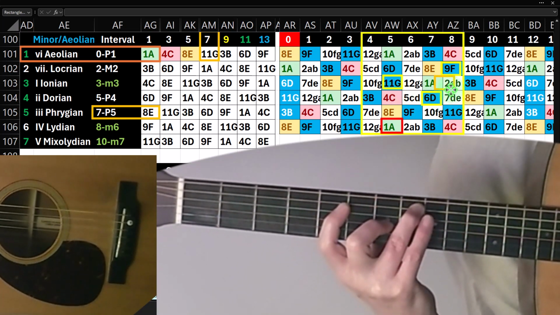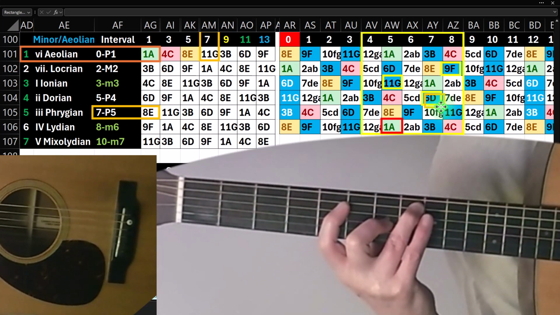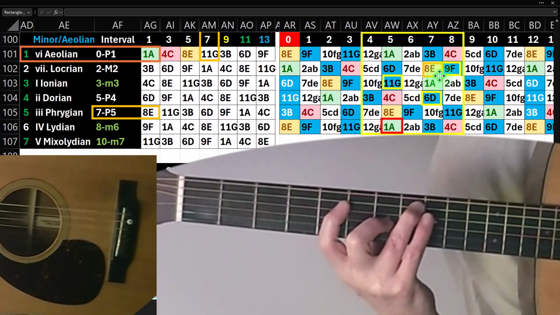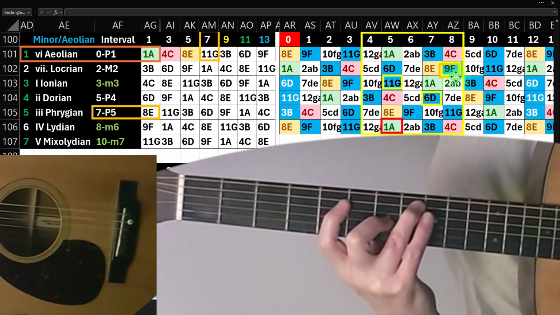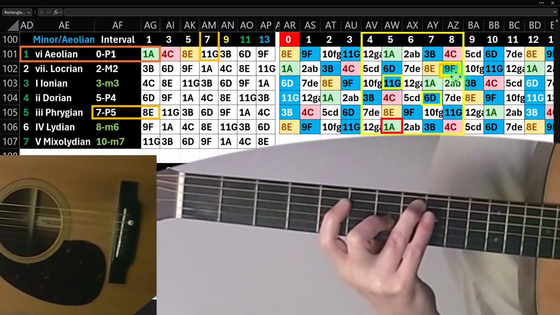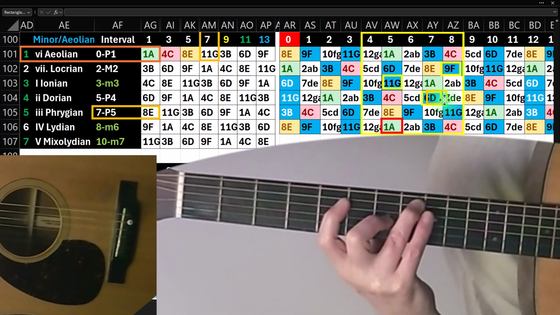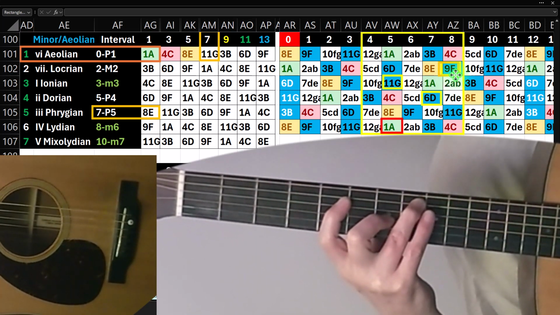And then if I go up to this one, I'm looking for the inverse distance, which would be 5, 10, and then 9, and then 12 minus 9 is 3. So there's the third. So if I look at it from the D, then I actually have a minor third in there.